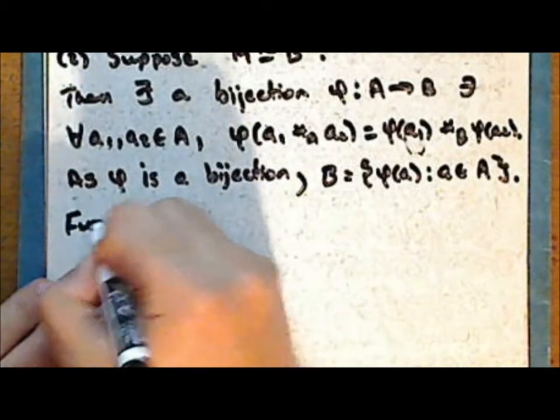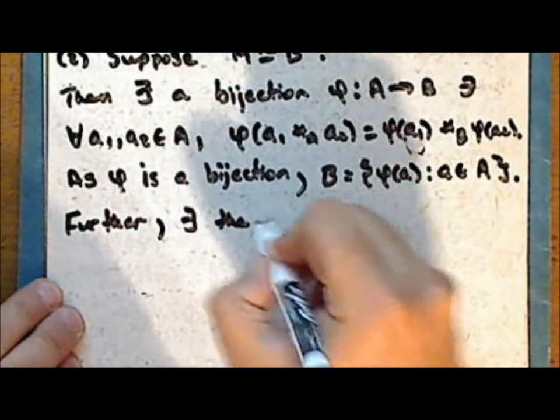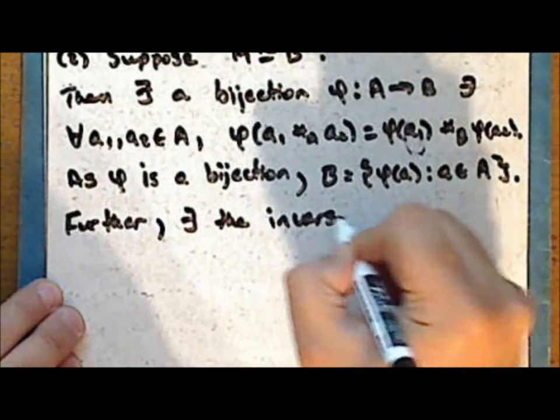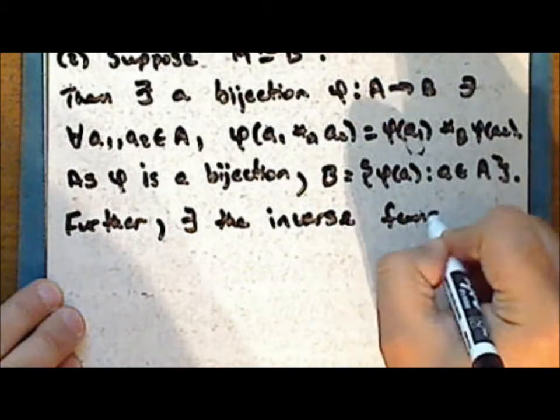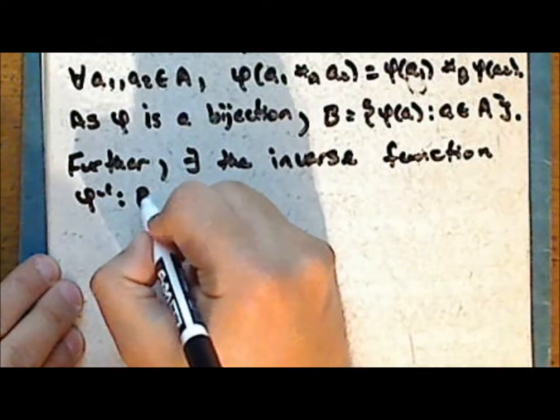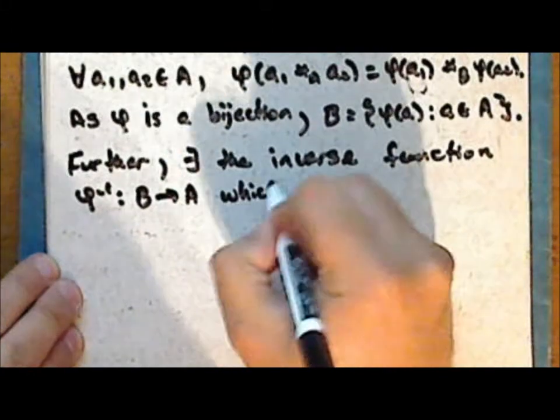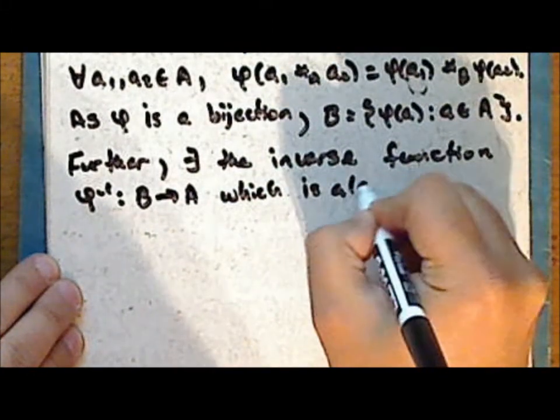Further, as phi is a bijection, there exists the inverse function phi inverse, which is a map from the set B into the set A, which is also a bijection.